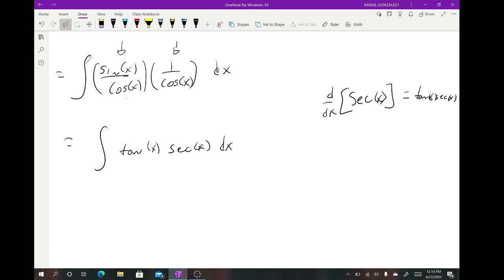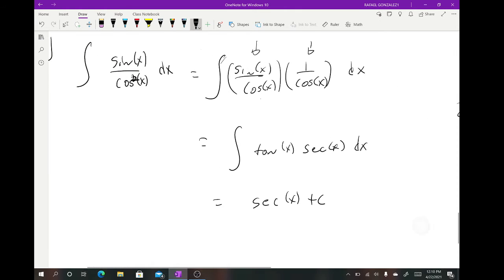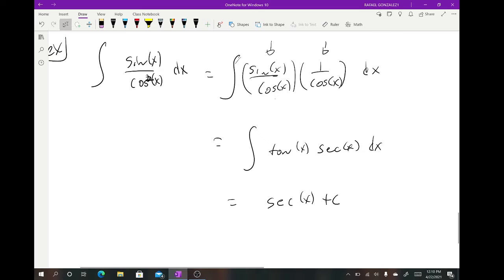So we had that the derivative of secant of x was tan x secant of x, so that means that this antiderivative is simply equal to secant of x plus c, because we know that the derivative of secant of x is precisely tan x times secant of x. Order doesn't matter because it's multiplication. You could also see it as secant of x times tangent of x.